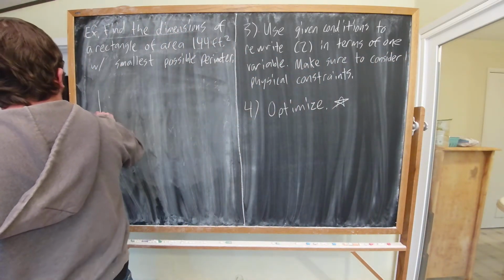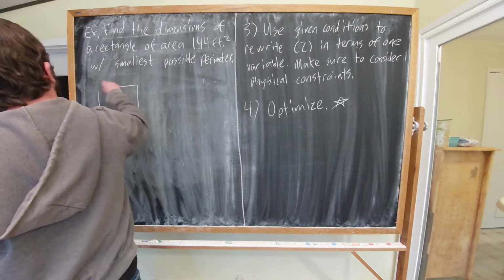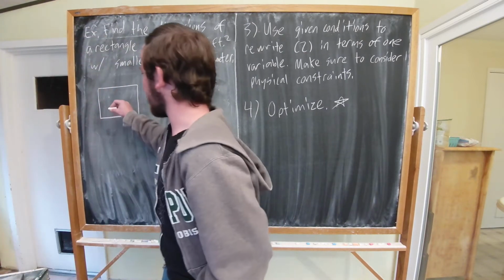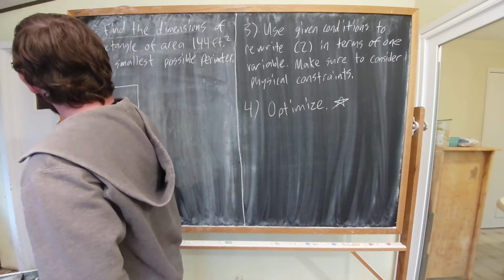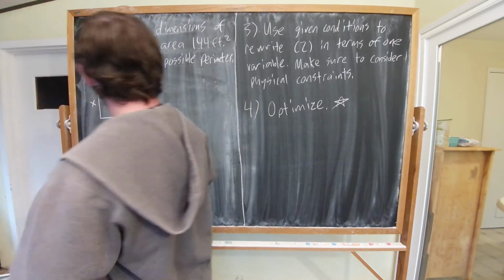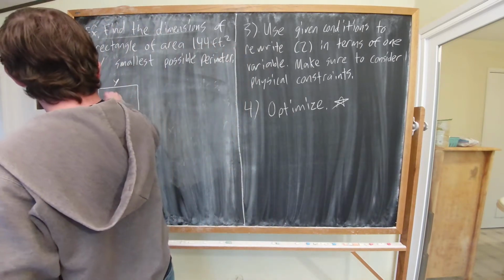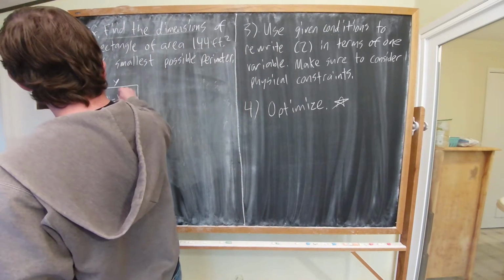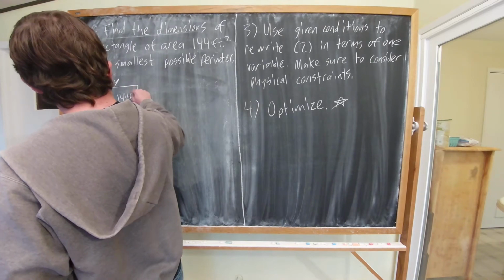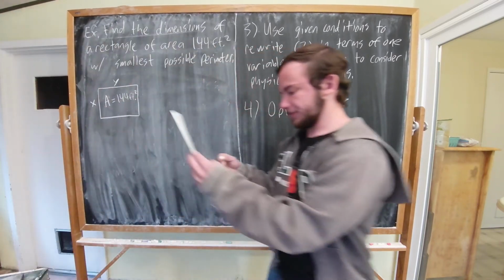Well, let's think about how we solve this problem. If we draw our picture, we have a rectangle. Let's call the sides of the rectangle X and Y, and we know they're enclosing an area A equal to 144 feet squared.